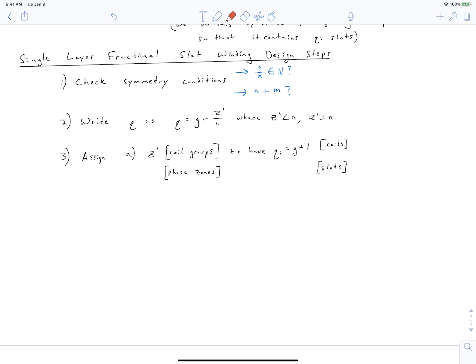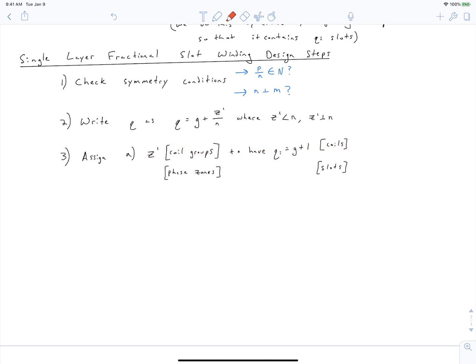Alright, step 3, part A, is that we pick z prime [coil groups] to have Qi equal to g plus 1 [coils]. So remember, we're going to have n total coil groups, but z prime of those will have g plus 1 coils in them. And you see that I put coil groups and coils in square brackets.